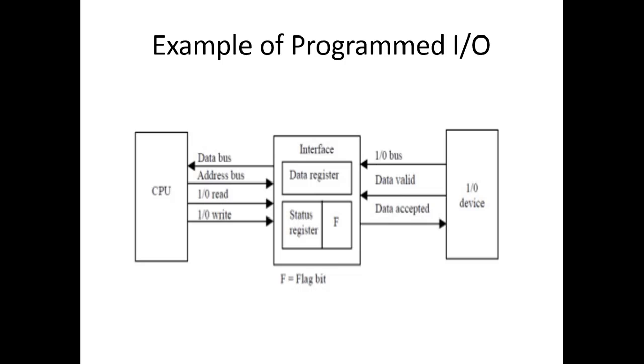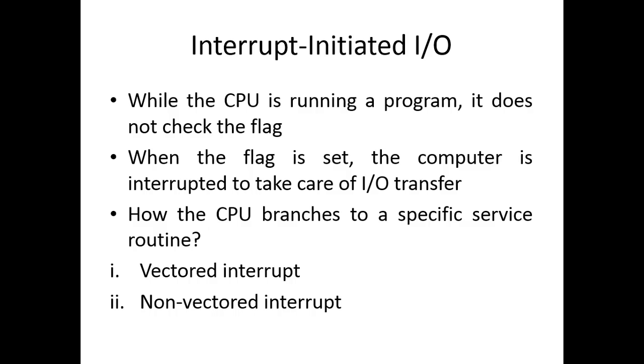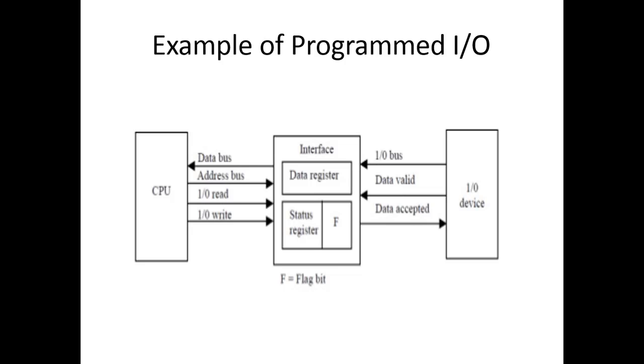Now we can consider the same configuration if we want to understand an example of interrupt initiated I/O. Here in programmed I/O configuration, the CPU is supposed to check the value of F continuously. Now if the CPU does not want to waste its clock cycles in simply checking the value of F, then an interrupt can be generated by the interface whenever some new data is received in the data register.